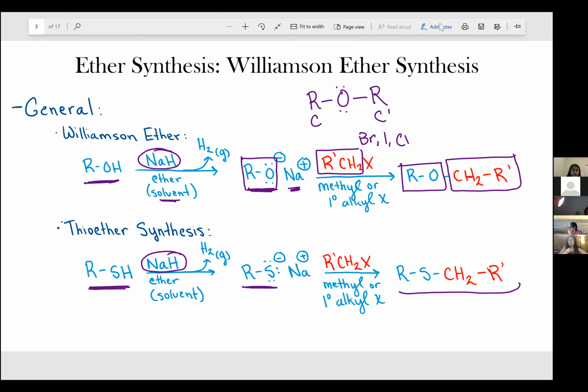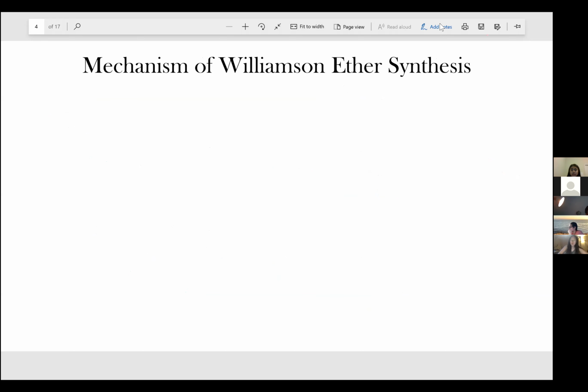And so let's look at a couple examples of this. So imagine we start off with something like this. Ph, all it means is phenyl. You can think of it as just a benzene ring attached to this carbon. And so we'll start off with something like this, and then we'll treat it with sodium hydride.